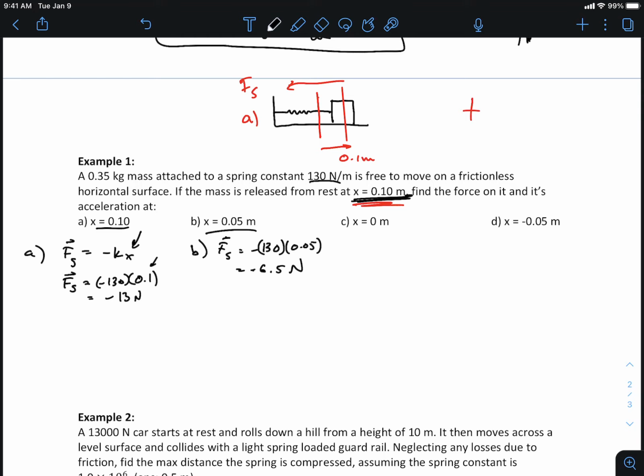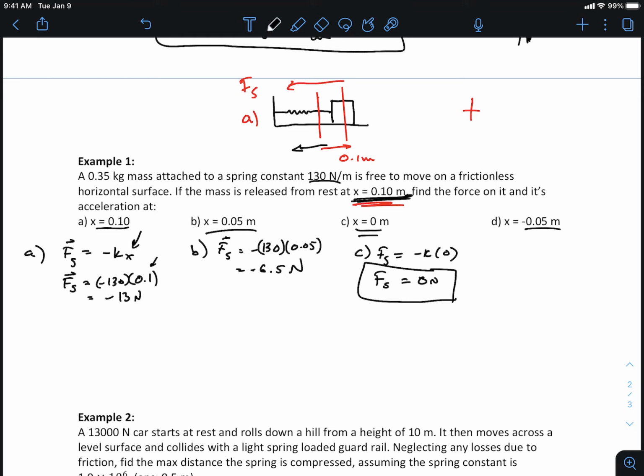Well, what happens if I don't displace the box at all? Right? Well, if you don't displace the box at all, you get k times an x of 0. Well, the spring force is 0. It's at equilibrium. Okay, and for the last one, what happens if I push the box to the left?